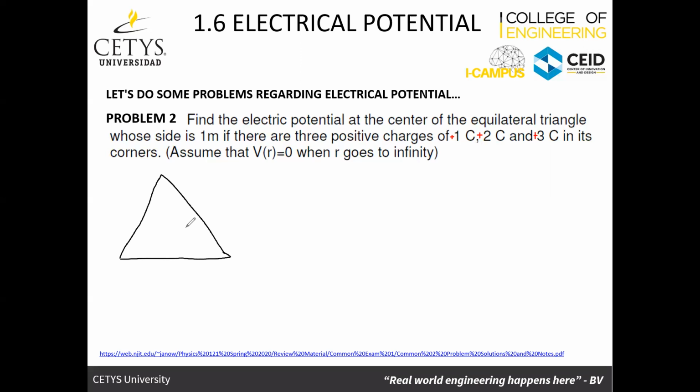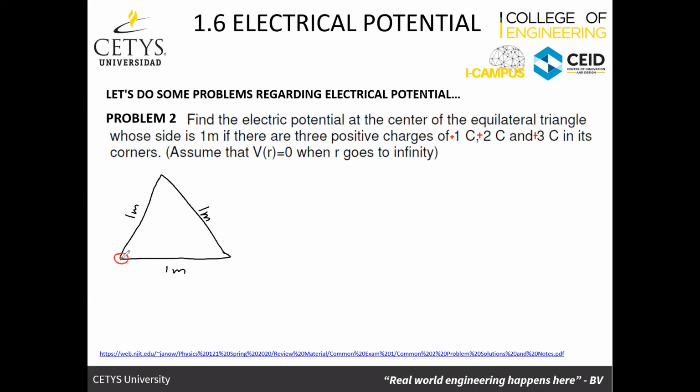So we've got an equilateral triangle. Each side is 1 meter. And we've got 3 charges, one at each corner. I'm going to place them like this.